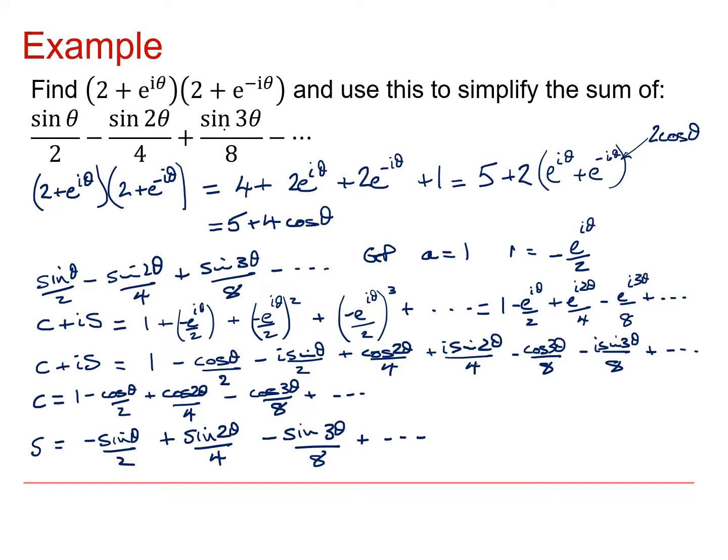And so the sum that we're after looks very like the imaginary bit of that series. And we actually want minus S, and S is equal to the imaginary part of the sum to infinity, because remember this is an infinite series.